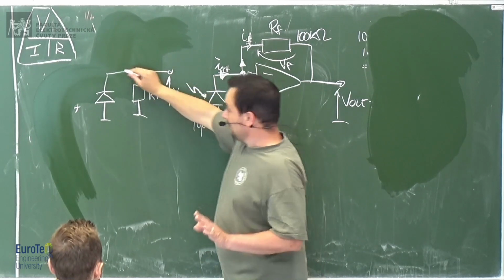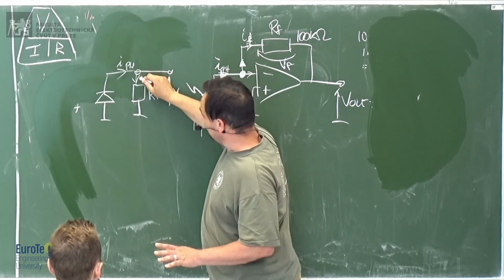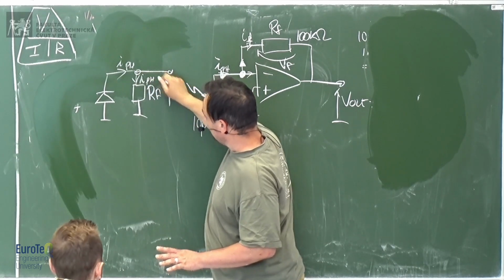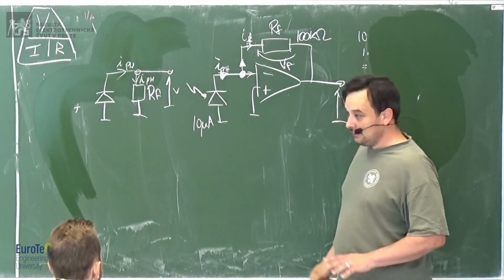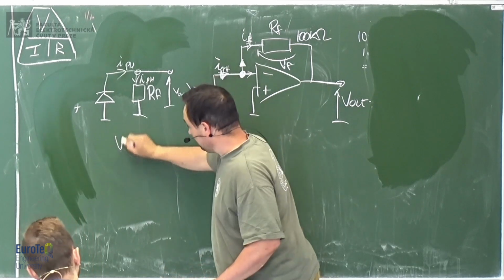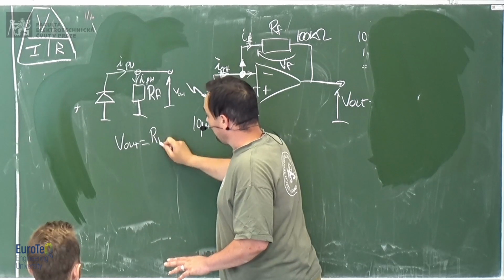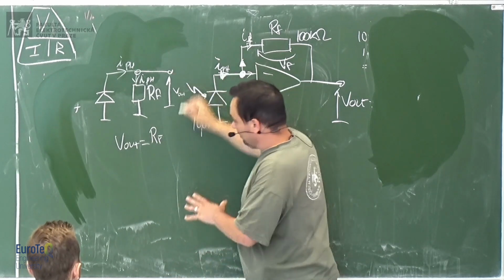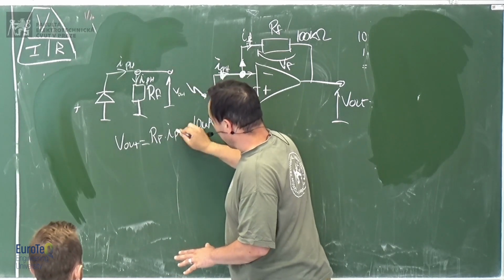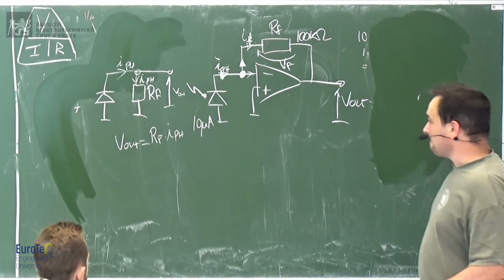The current still goes here, so there will be a voltage. And the voltage here, let's say V out, is definitely going to be RF times I if there is no load here. We don't connect any load. So Ohm's law still applies.